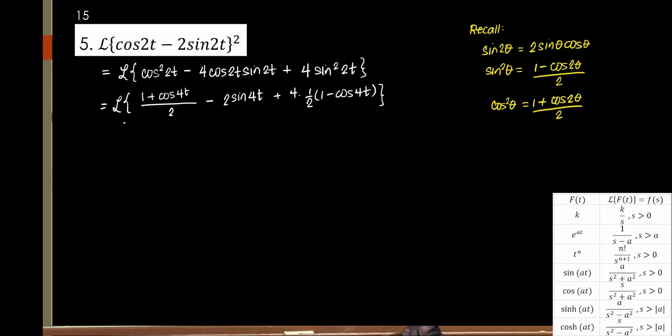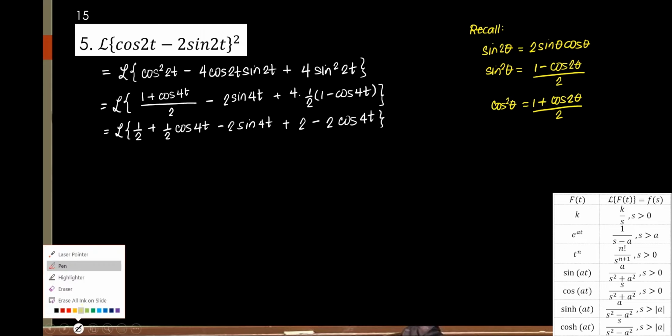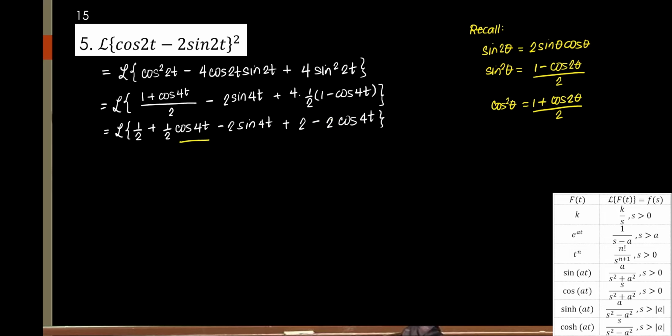I just tried to rewrite them. So this one would end up to be 1/2 cosine of 4t minus 2 sine of 4t plus 4 over 2 is 2 minus 2 cosine 4t. And you'll notice here, guys, that this is a cosine 4t.